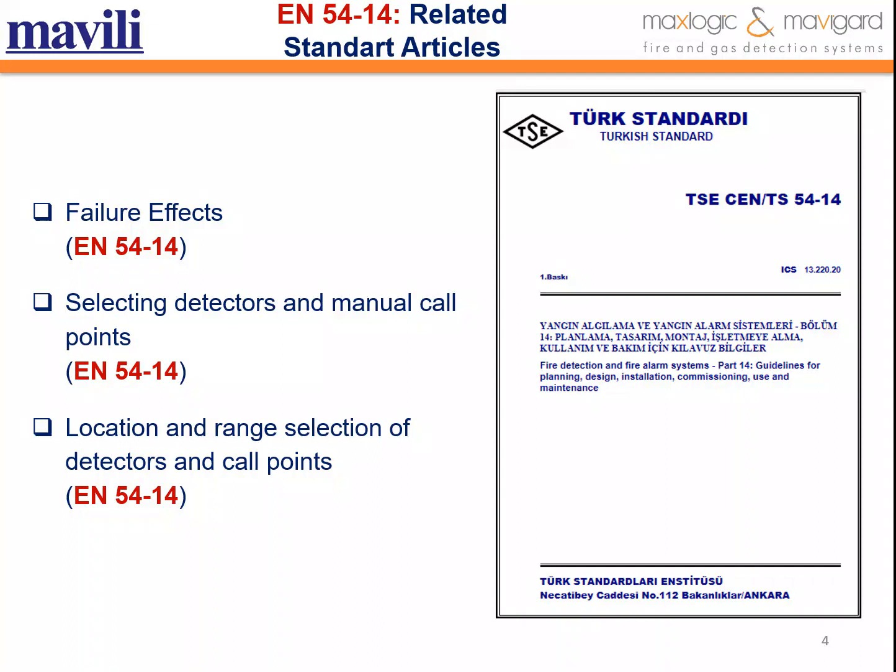In general, manual call points must be fixed at a height of 0.9 meters to 1.4 meters above the ground, and the preferred is 1 to 1.2 meters. And it must comply with EN 54 standards.